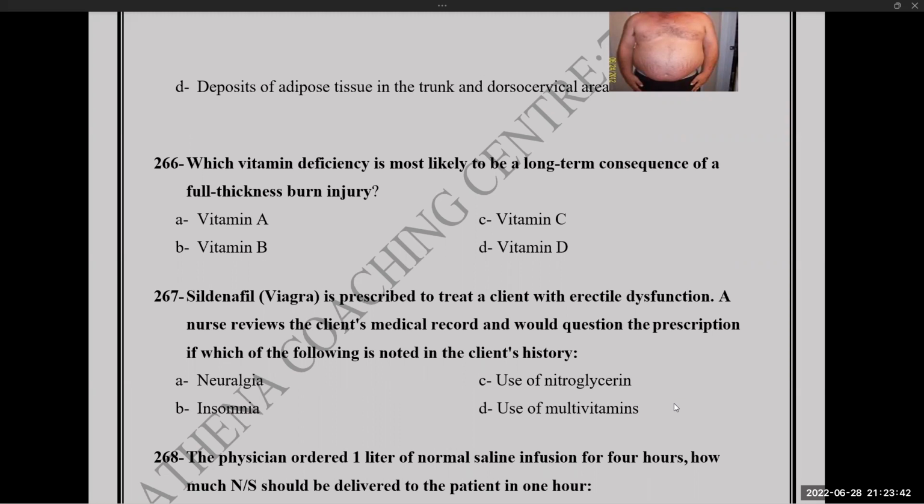Next point, please write down. A person should not take cannabis or alcohol. When a person is using this medicine, they are not supposed to use alcohol or marijuana. What is marijuana? It is cannabis, kanjava.